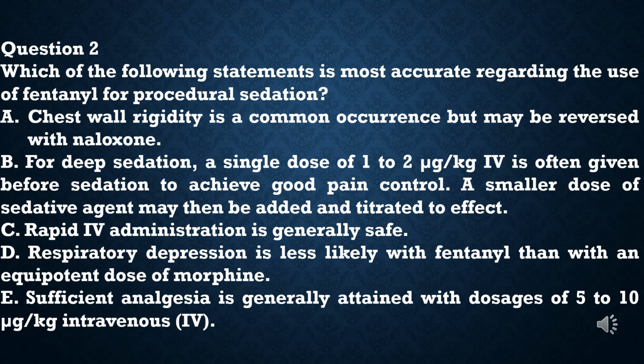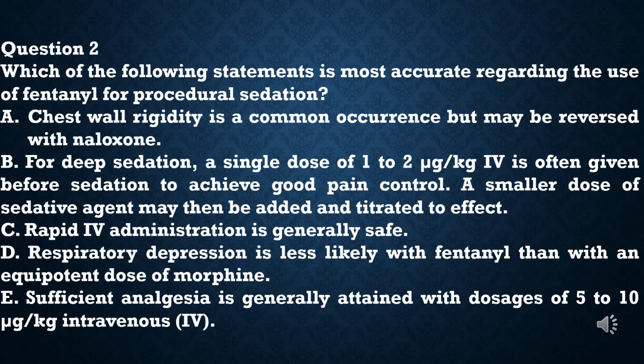Question 2. Which of the following statements is most accurate regarding the use of fentanyl for procedural sedation? A. Chest wall rigidity is a common occurrence but may be reversed with naloxone. B. For deep sedation, a single dose of 1 to 2 microgram per kg intravenous is often given before sedation to achieve good pain control.